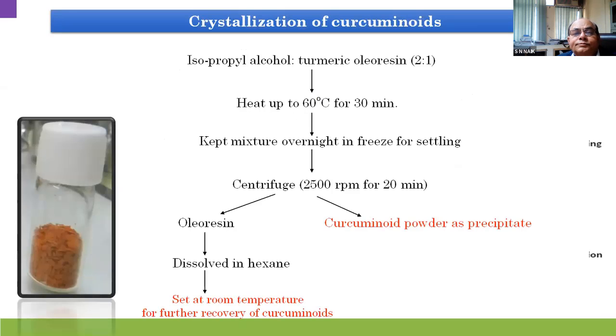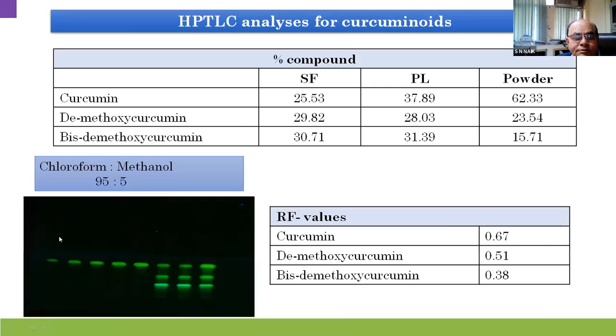So basically, for the curcumin we used isopropyl and ethyl alcohol in a 2:1 ratio, and we heat up to 60 degrees for 30 minutes, and we use pressure around 50, 60, 80 bar or different pressures. Then you take out the extract and separate the curcumin from the process.